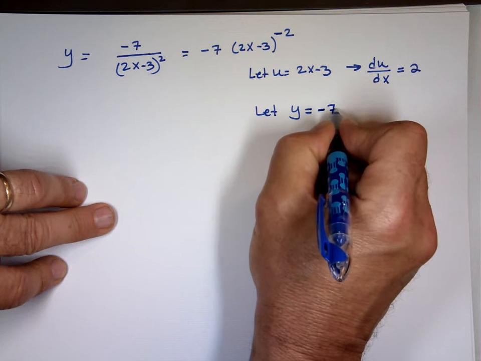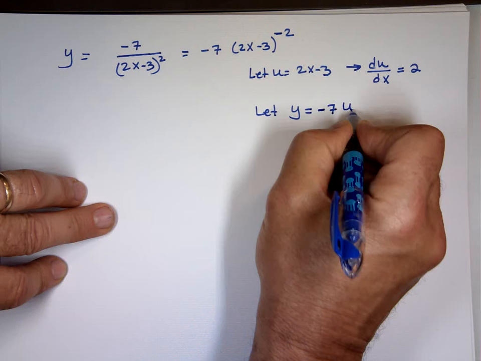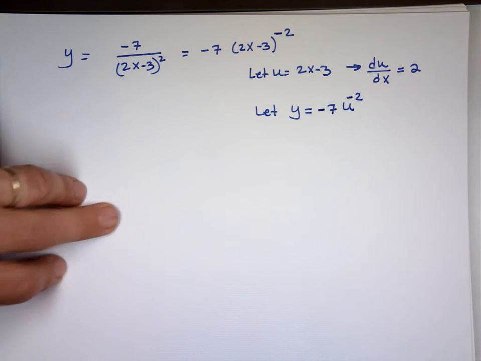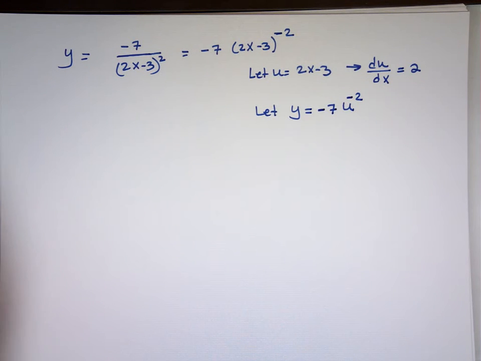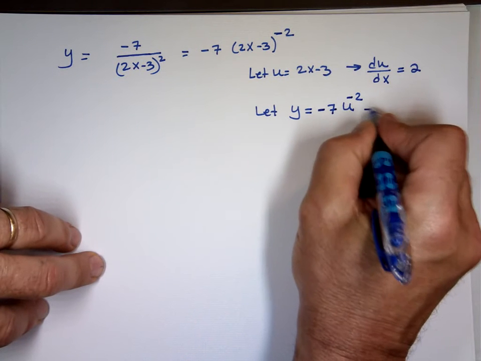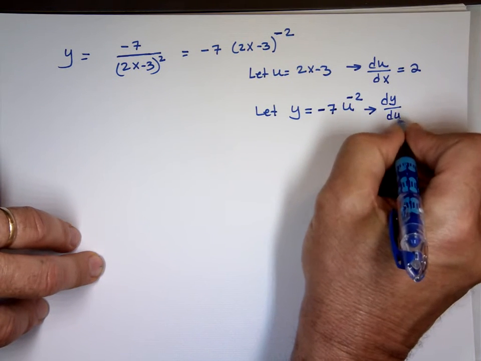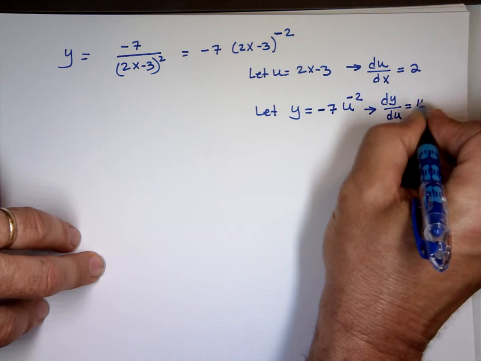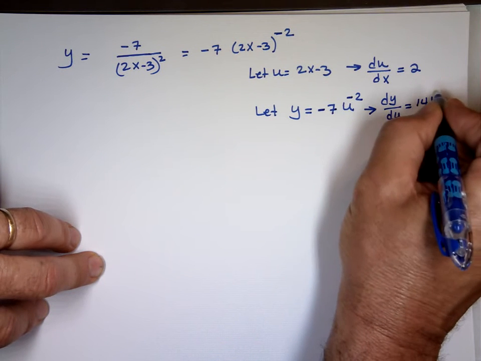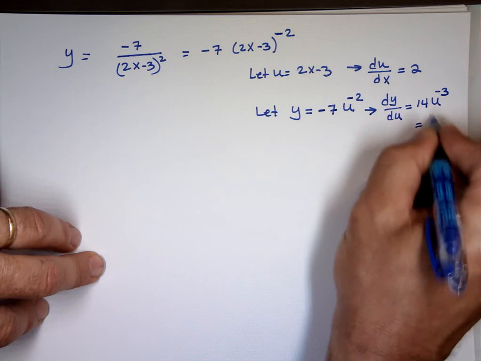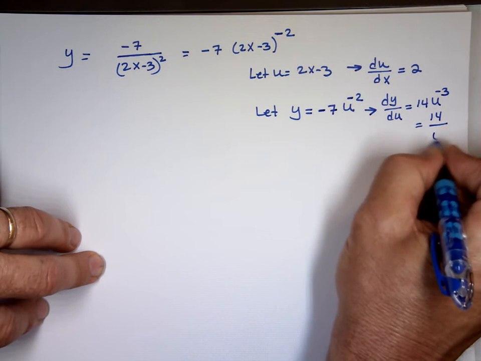In place of 2x minus 3, that becomes u to the power of negative 2. What's the derivative of this? 14u to what power? Negative 3, or 14 over u to the third.